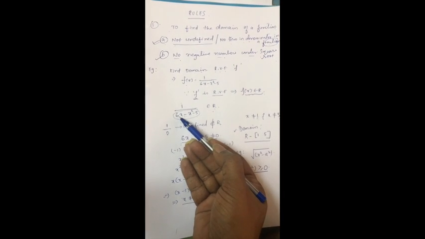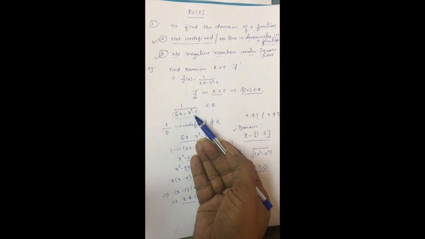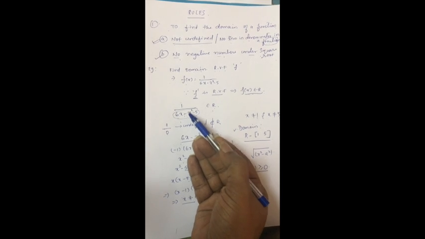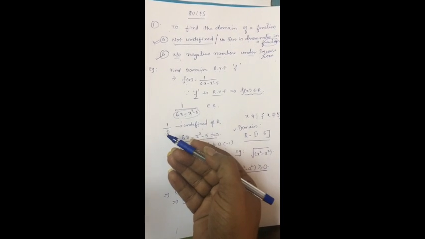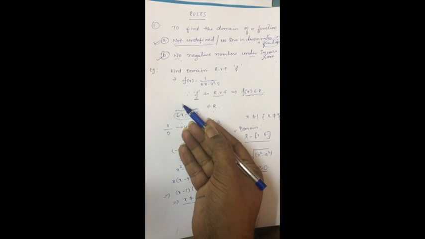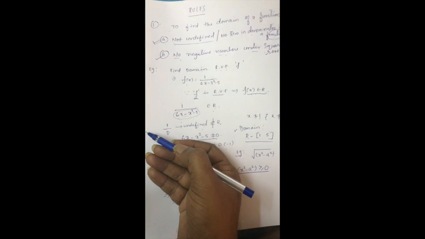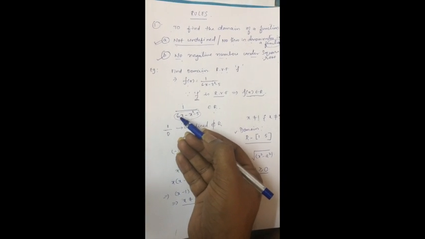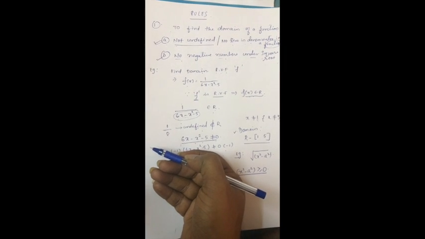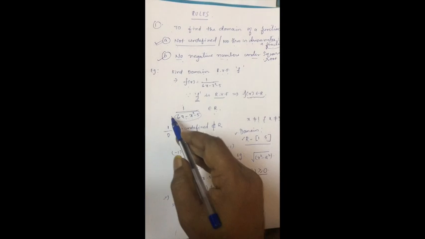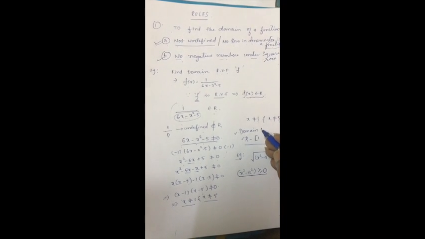If you put x equal to 1, it becomes 6 minus 1 minus 5, that is 6 minus 6, so 1 by 0, it becomes undefined. For x equal to 1, this entire fraction becomes undefined. Similarly, for x equal to 5, this entire fraction becomes undefined. So for all the real numbers except 1 and 5, this fraction is defined. That is what we have written here.